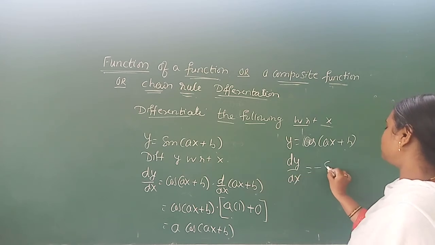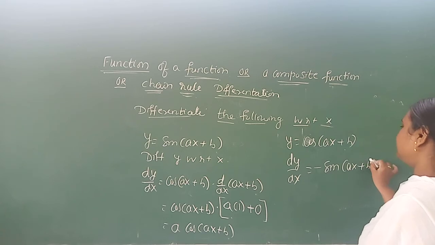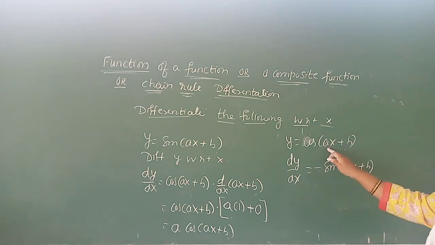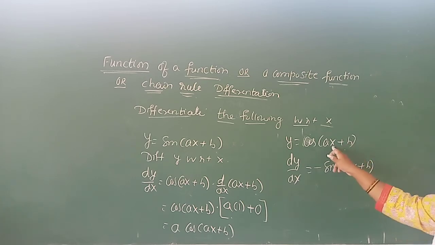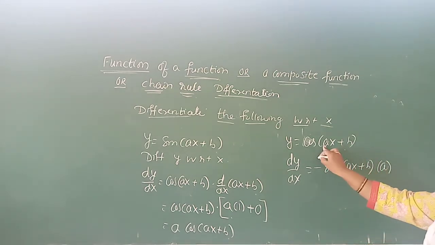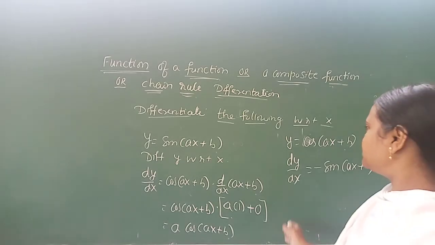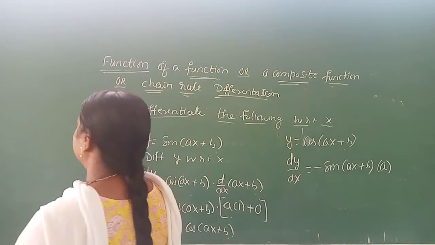Cos differentiation is minus sin, and the angle we write as it is. If a and b are constant, x is a linear variable. X differentiation we know is 1, therefore we can write directly 1. A into 1 is a, and the constant differentiation is 0. We can do it directly like this instead of doing this lengthy process.